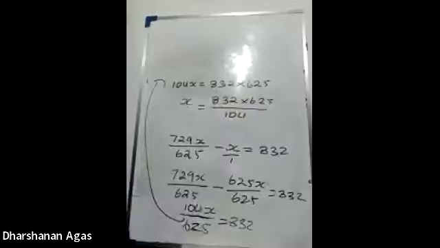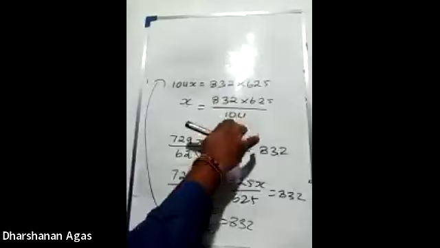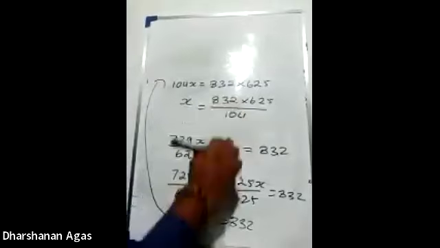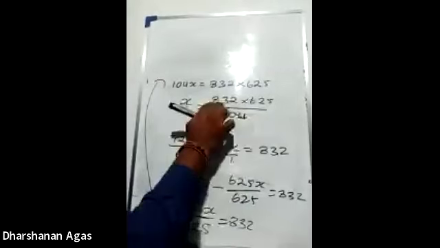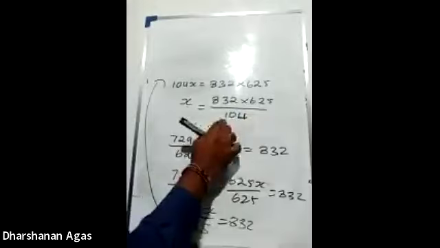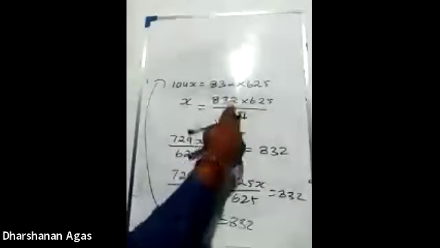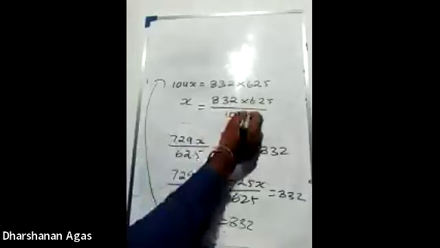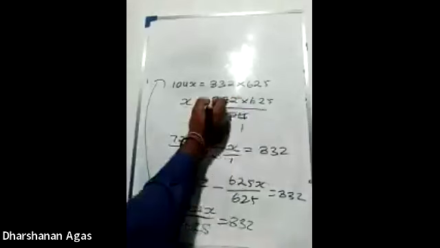Now see, students, there's a thing. 104 is here, and 832. Think: in 800, how many hundreds? 8 times. In 32, how many fours? 8 times. That means 104 is 1 time here, and 104 is 8 times there.